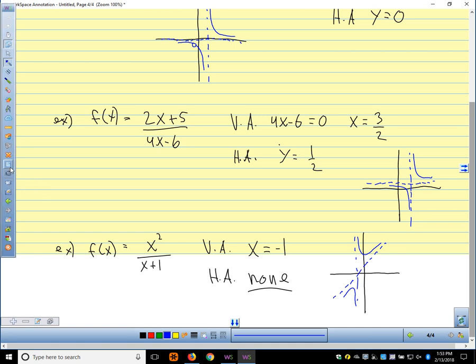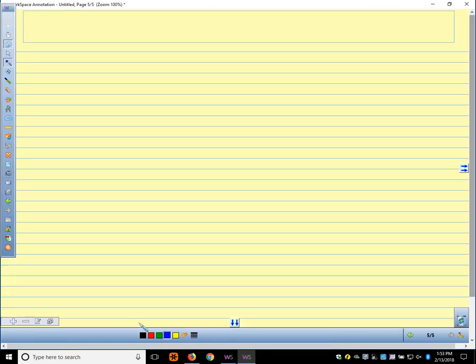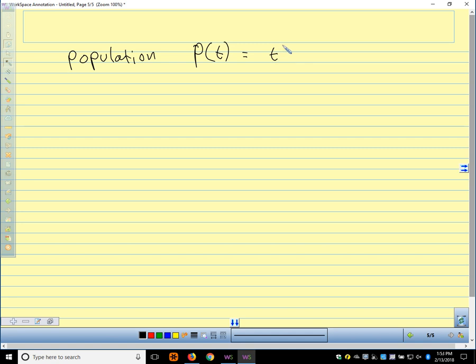Yeah. All right. Before we talk about the homework, I have a question for you. What if you're told that a population is given by P of t, some population, is t to the third minus t squared plus 1 over t to the third, 2t to the third minus 4t plus 5.